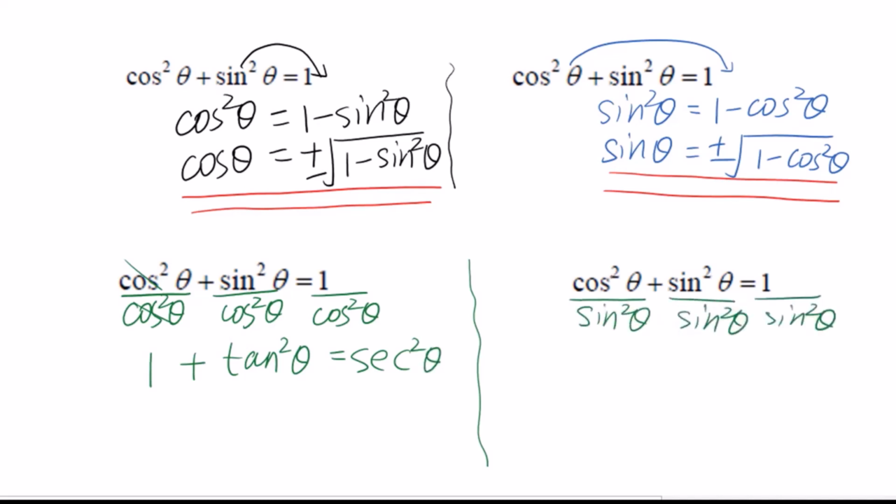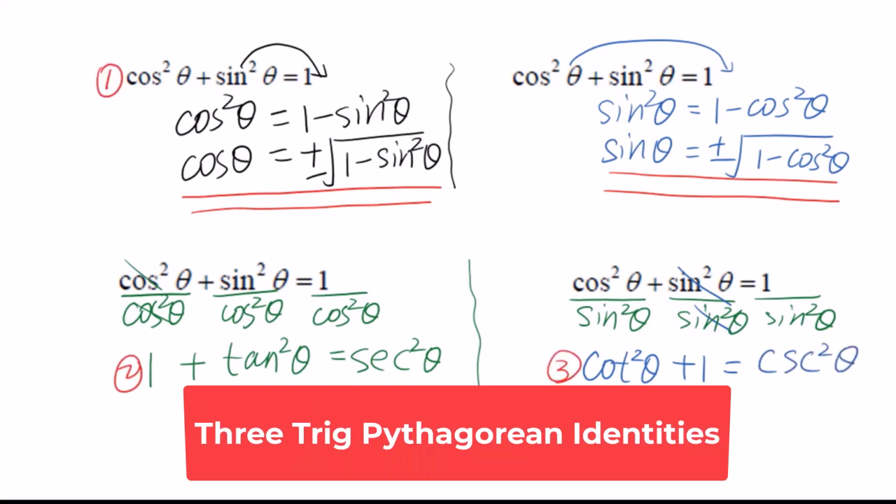Cosine squared theta over sine squared theta will be cotangent squared theta. Reduce, you will get plus 1 equals 1 over sine squared theta, which is cosecant squared theta. There are 3 trig Pythagorean theorems. This is 1, this is 2, this is 3. If possible, try to remember all 3 of these trig Pythagorean theorems.